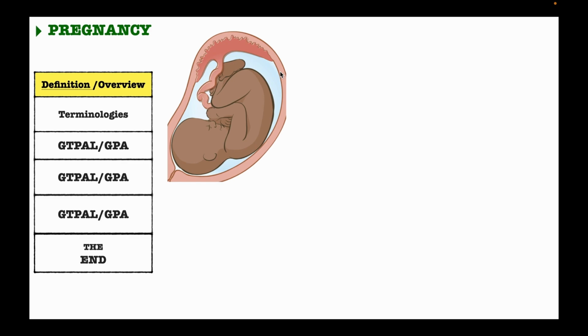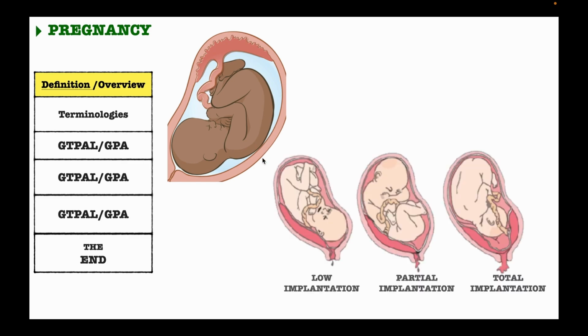And so, in this image, you can see that this is the placenta, and this is the cervix. And so, we have the placenta lying in the lower uterine segment, and this is marginal.